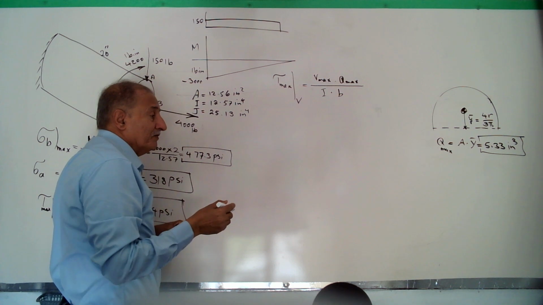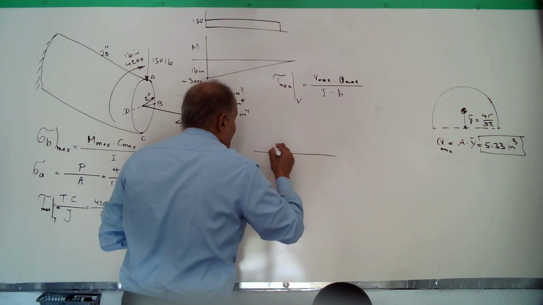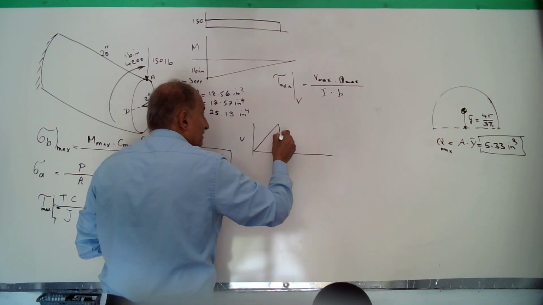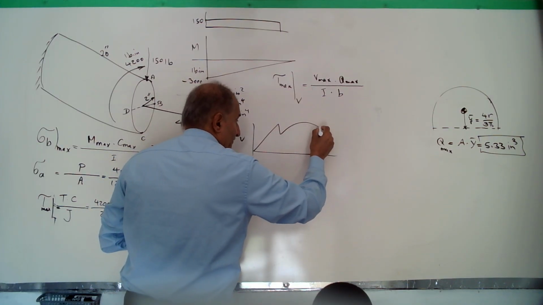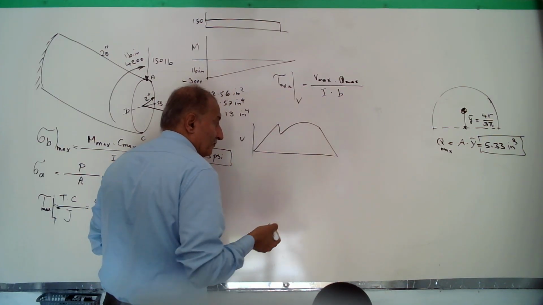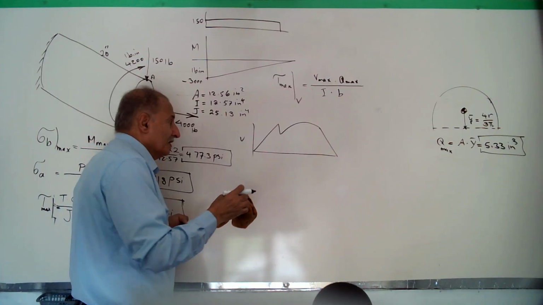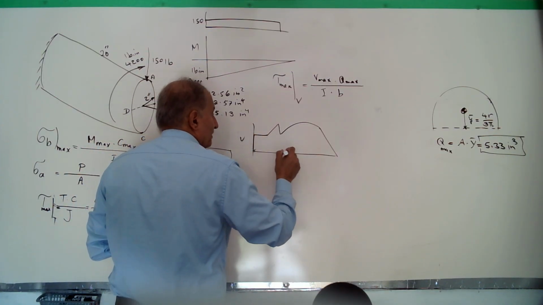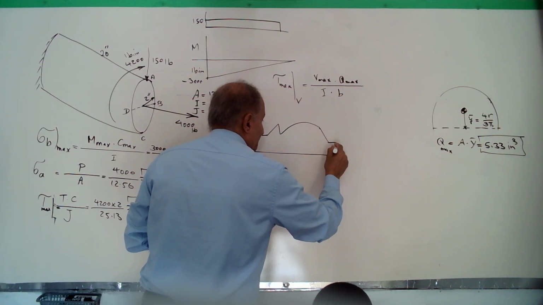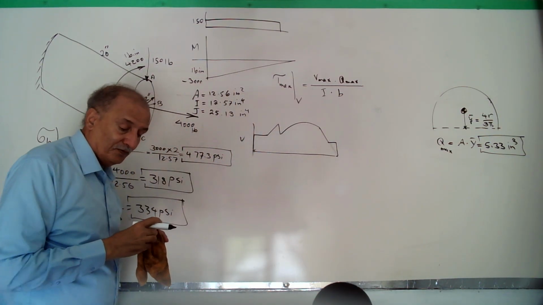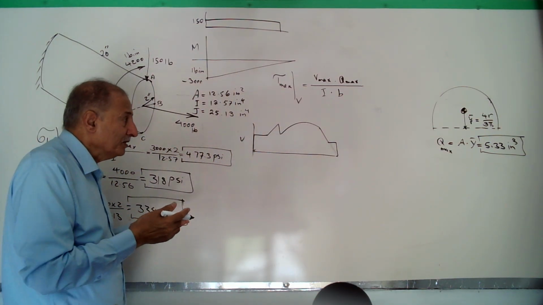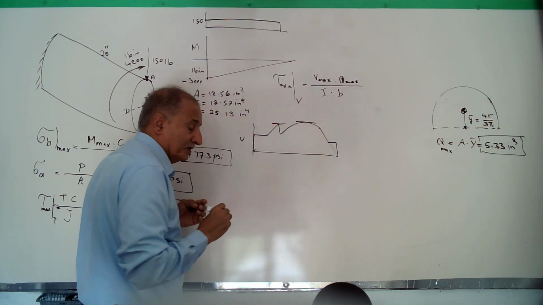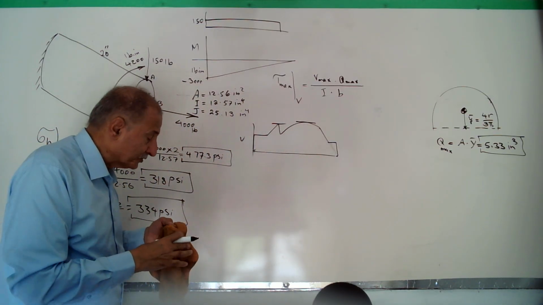But if, for example, we have a V diagram that is like this, it would never reach zero at the support. If it is a simply supported beam, then you would be looking for V max, maybe this one, maybe this one, from the shear force diagram.